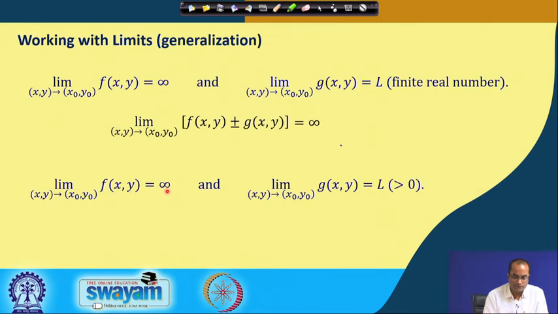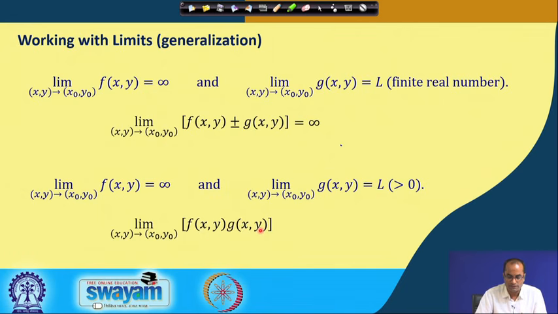Second, if we have infinity and this limit L is positive, in this case we can go for the product rule. The limit as (x, y) goes to (x0, y0) of f(x, y) times g(x, y) will be equal to plus infinity, because L is positive so the sign will not change.